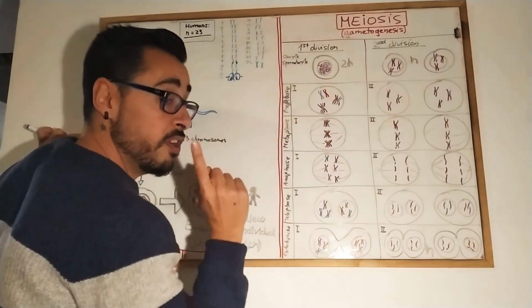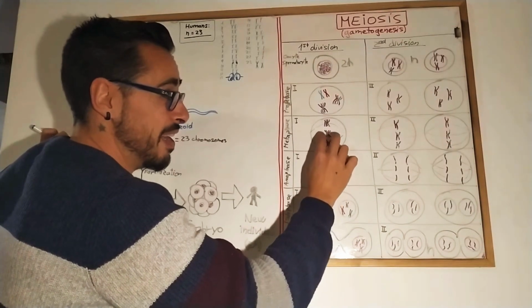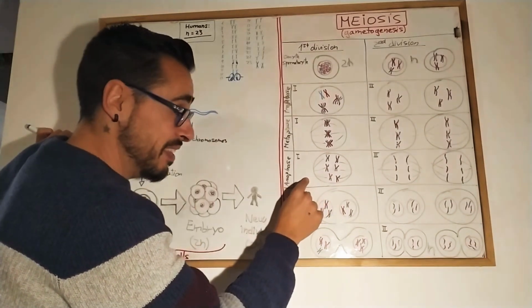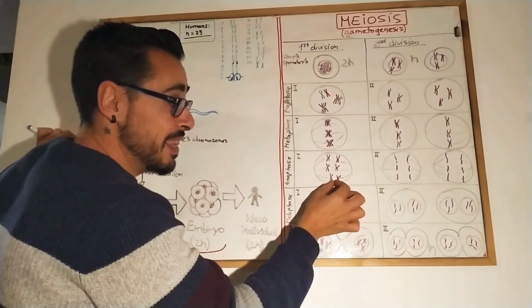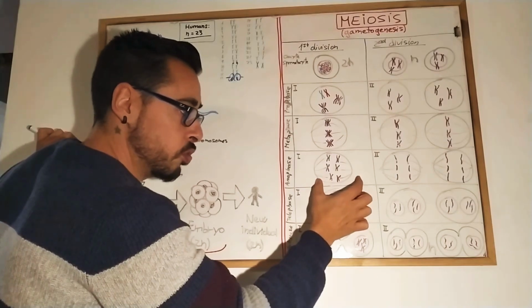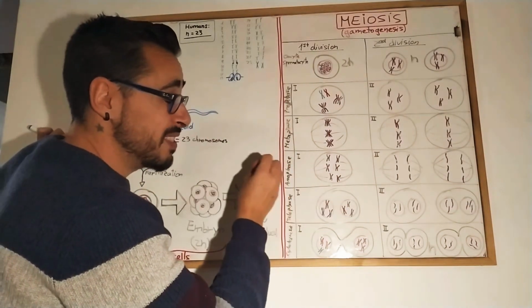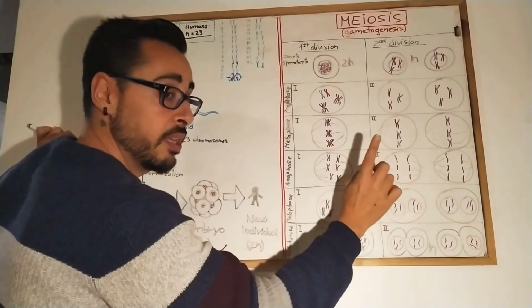The crossing over, the fact that the chromosomes are in pairs, and the fact, here is the key, that during meiosis, the ones that separate are the homologous chromosomes. And in mitosis, the ones that separate are the chromatids, like here, okay?